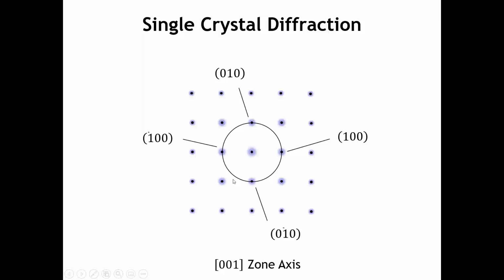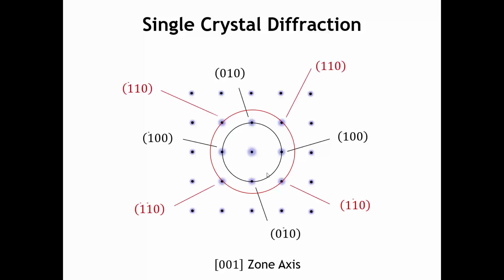In a powder diffraction pattern, because we're rotating the crystal about the incoming beam direction, if we were to rotate it by 10 degrees, all of these peaks would rotate by 10 degrees. And if we were to rotate it by 1 degree increments and collect a diffraction pattern at every step, we would get this ring, which is what we see in a powder diffraction experiment. The next ring would be the one shown in red here, which intersects the 110 set of diffraction peaks.